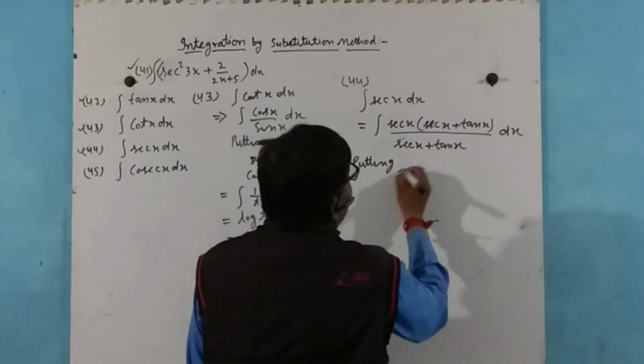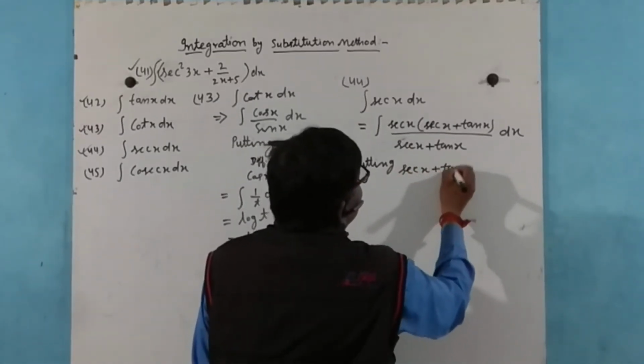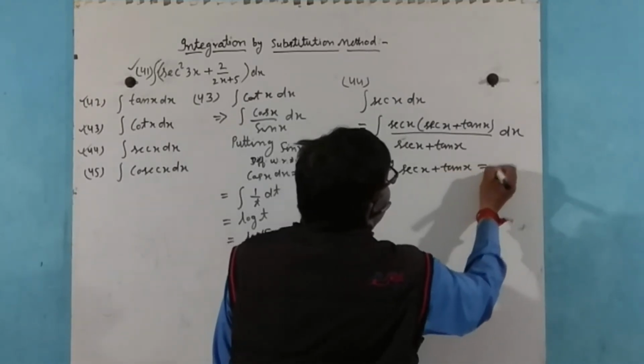Now putting sec x plus tan x equal to t.